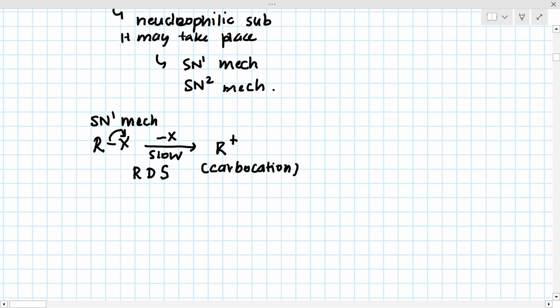After the formation of the carbocation, the nucleophile attacks, and this is fast. Then you have R-nucleophile. This is the SN1 mechanism in simple terms.